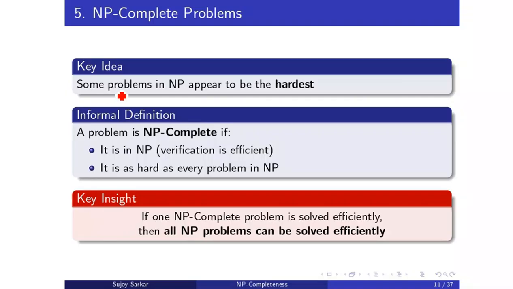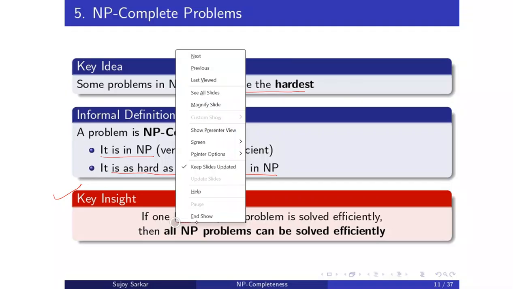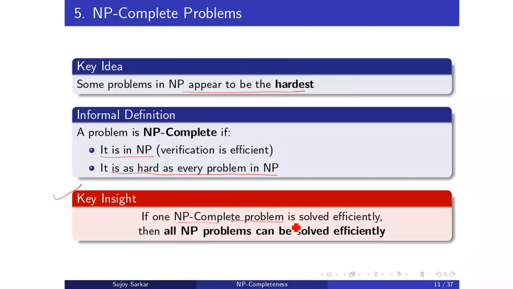And then the NP complete class that I mentioned earlier. NP complete means the problem is NP, and also it is as hard as any problem in NP. And the key point here is that if one problem in NP complete can be solved efficiently, all the problems can be solved efficiently. That is a characteristic here.